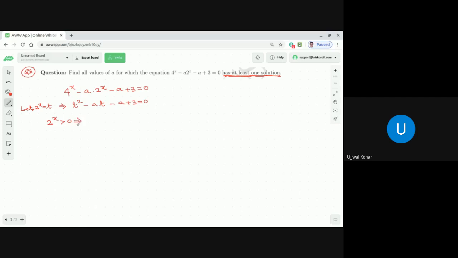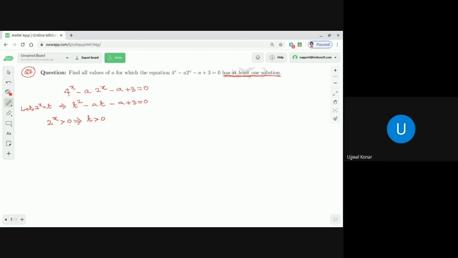That means t is always greater than 0. That means the equation t square minus at minus a plus 3 should have at least one positive root. Correct or not? Because the value of t is greater than 0.